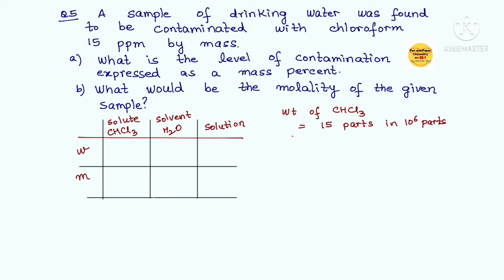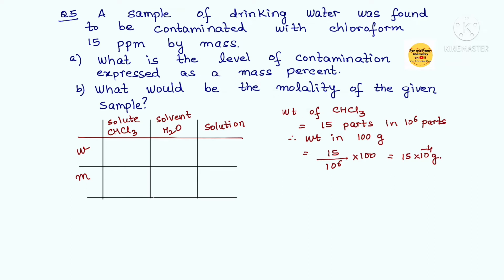That means how much chloroform is there in 100 grams of the solution. So that means 15 out of 10 to the power 6 parts, and how much would it be out of 100? Simple unitary method, and we get it as 15 into 10 to the power minus 4 grams, right? So this is the weight of chloroform that we've got in 100 grams of the solution.